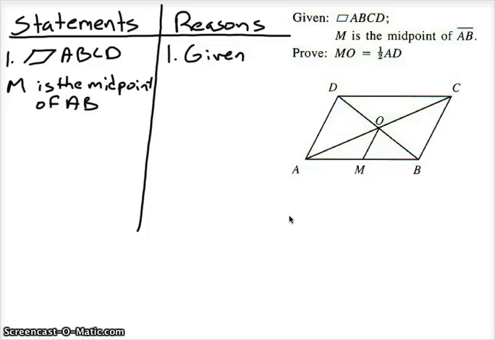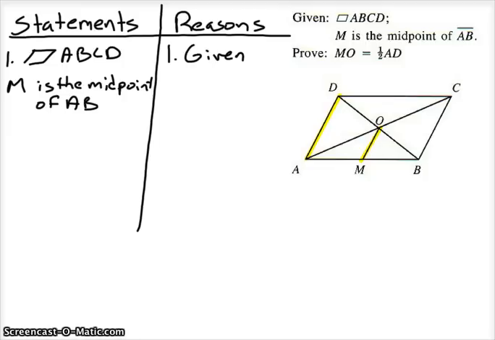So let's look at how we're going to try to prove that MO is half of AD. In this chapter we learned that in a triangle, if you connect the midpoint of one side to the midpoint of another side, that segment is half the distance of the third side.